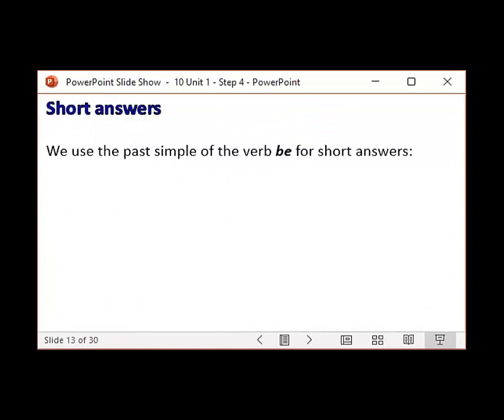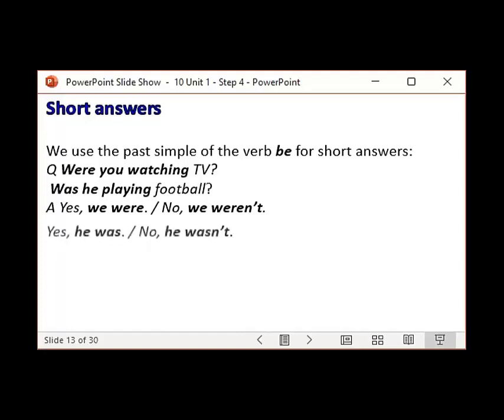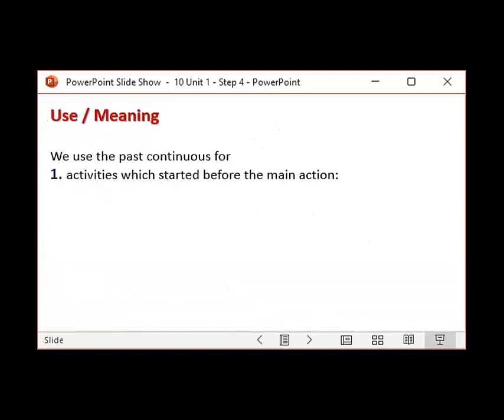Now, for example, look at this. Were you watching TV? Was he playing football? Yes, we were, or no, we weren't. Yes, he was, or no, he wasn't.